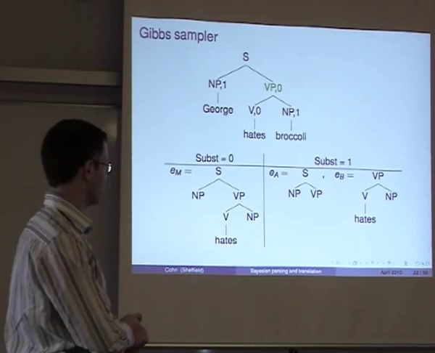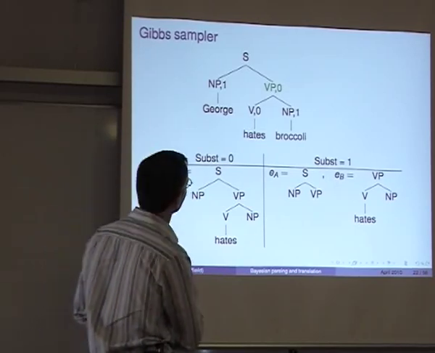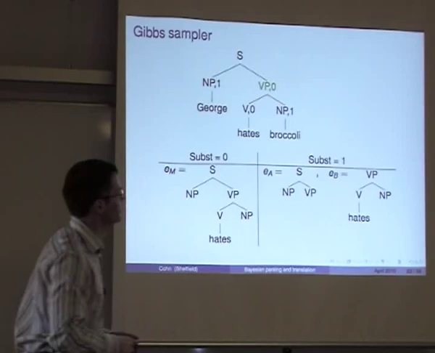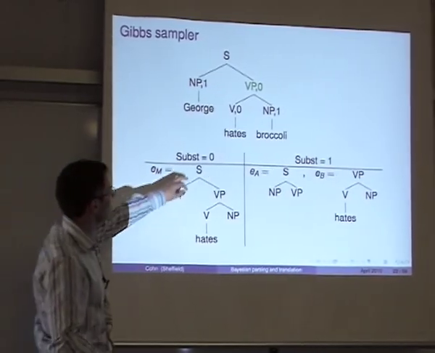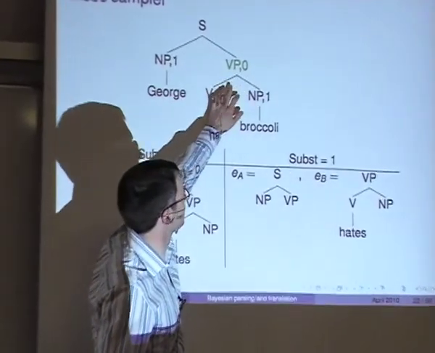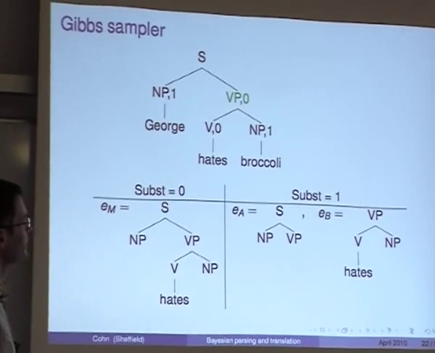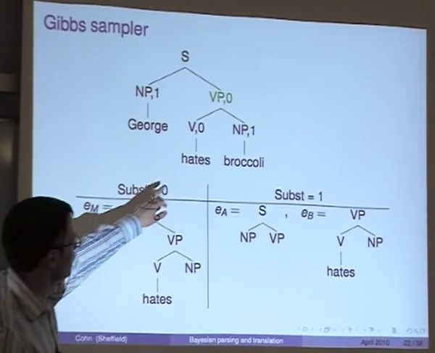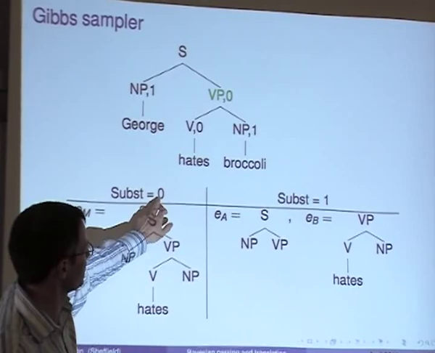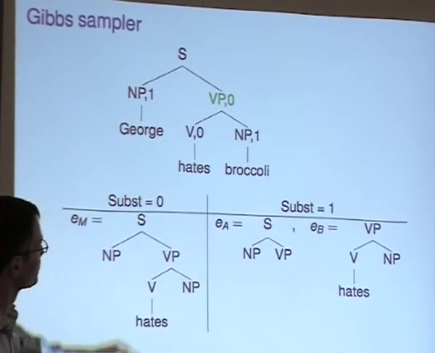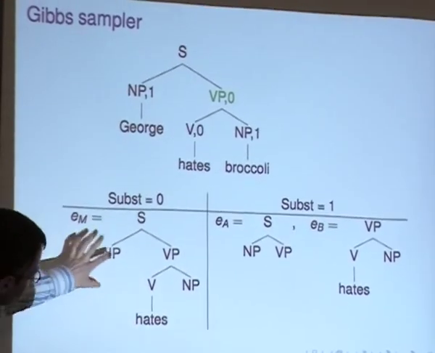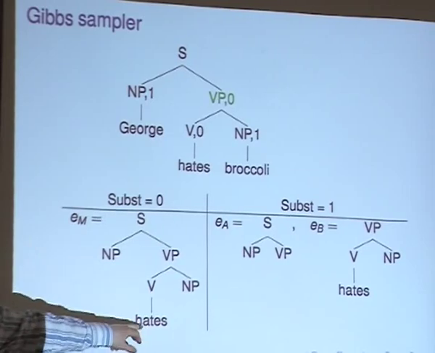So just to give you a more concrete illustration, in our George H. Broccoli instance, we have this verb phrase node. We're going to look at resampling its value given everything else. So it was previously 0, but we're going to see whether or not it should be 0 or 1. If it was set to 0, then we end up with this tree fragment.